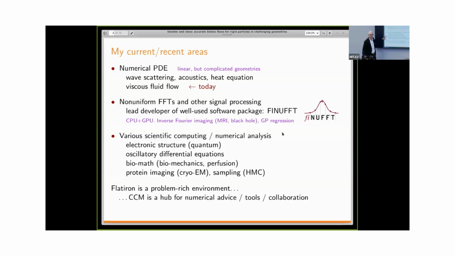And then I'm sort of a generalist, so I get sucked into lots of things, including recently electronic structure and some diffusion problems in biology. And I used to do some statistics stuff. So CCM is a hub for a diversity of problems like this.